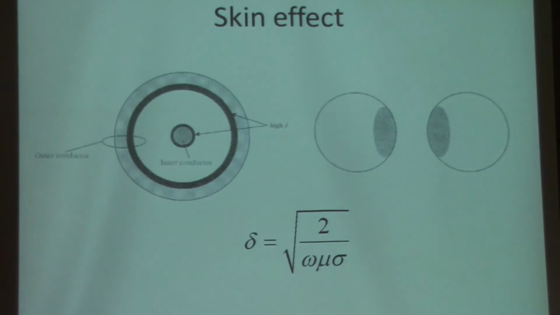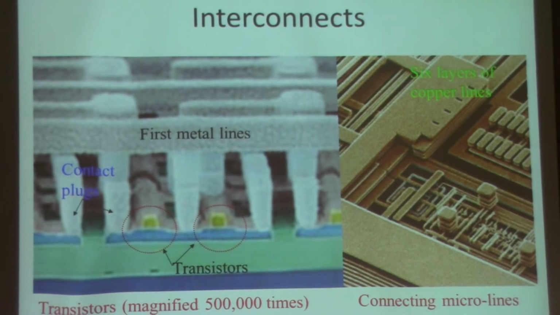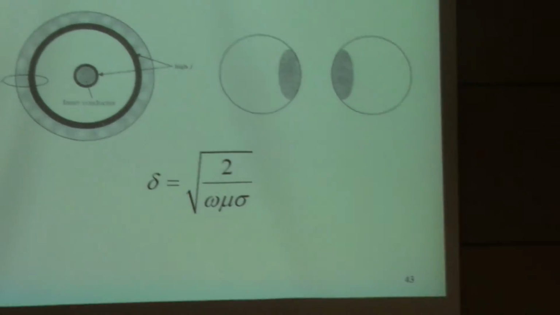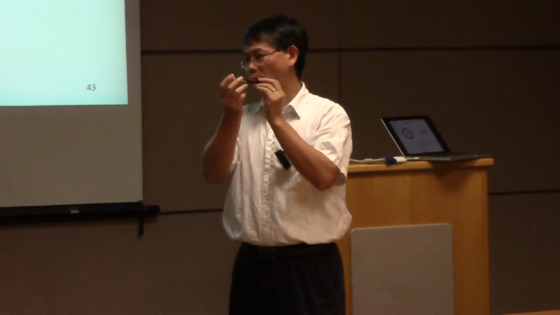There's another interesting effect. When you have two wires so close to each other, first of all, for high frequency, you have the skin effect. You probably heard about that, right? Which means your high frequency energy will not be propagated through the whole wire.